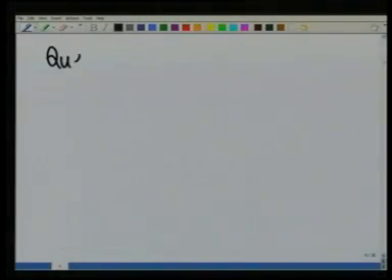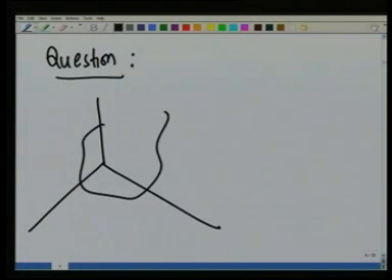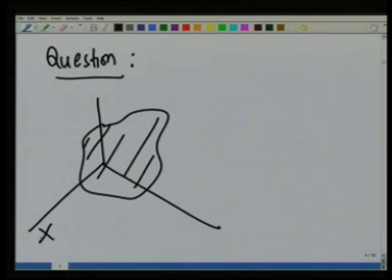The very first question I am going to ask is, if I take a rigid body and rotate it with respect to axis x, axis y and axis z, can I take its rotational angle theta as a vector?